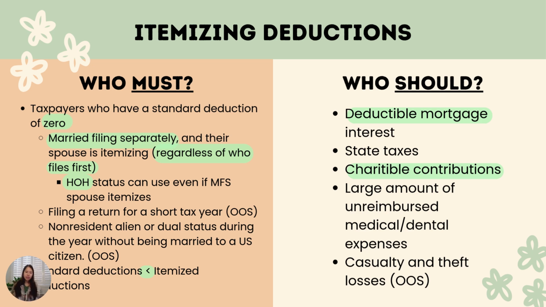Head of household status can also use the standard deduction even if their married filing separately spouse itemizes. That's just something to know. Okay. And filing a return for a short tax year or filing a return for a non-resident alien or dual status alien during the tax year is out of scope for the Volunteer Income Tax Assistance Program, but those are also the types of people who would have a standard deduction of 0 and would have to itemize.